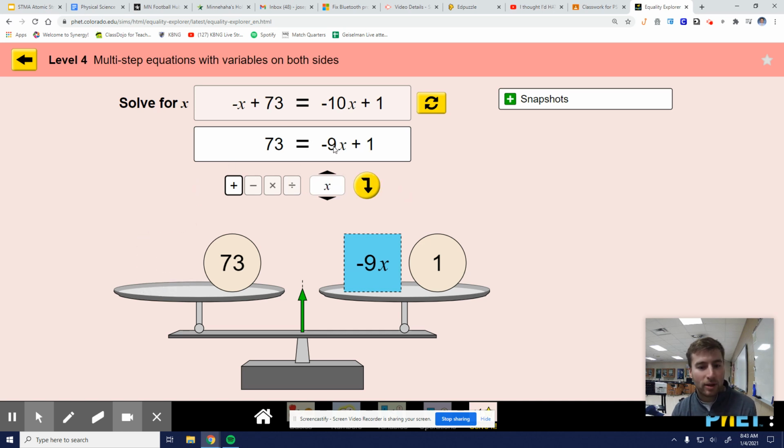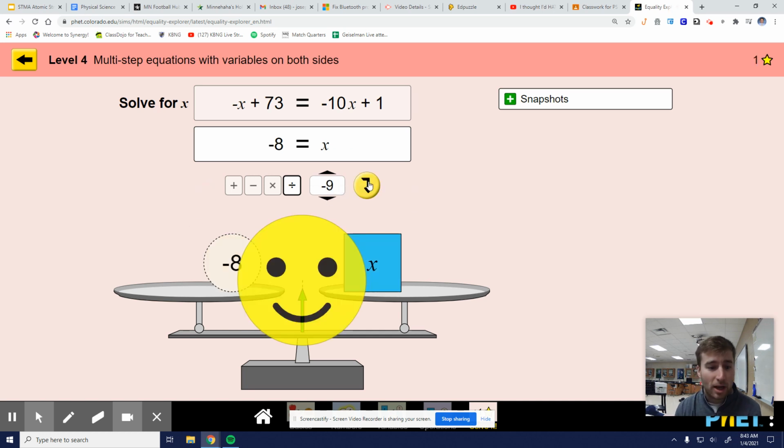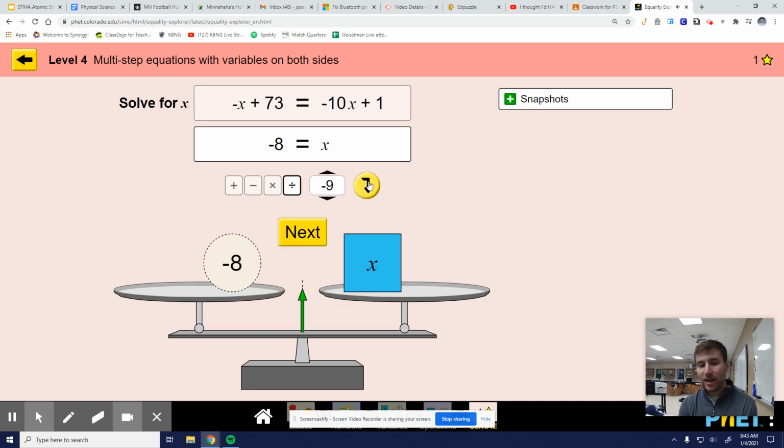And now I have negative 9x on one side. There's no more x on this side. That's what we want, right? I'll subtract 1 from both sides. Get rid of that 1. And now I have 72 equals negative 9x. Because x and negative 9 are being multiplied together, I'm going to divide by negative 9. And I get my answer of negative 8 equals x.